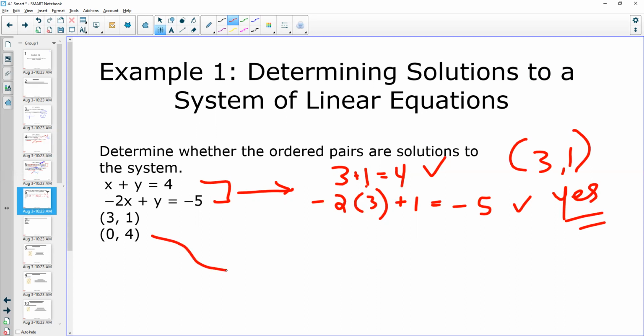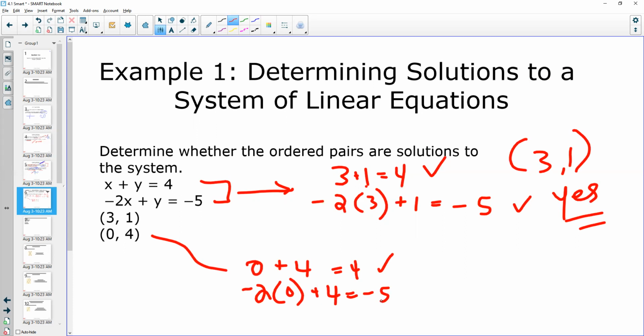Let's try this one. We do the same thing. We do 0 plus 4, because that's x and y, equals 4. That's true. And then we have -2 times 0 plus 4 equals -5.